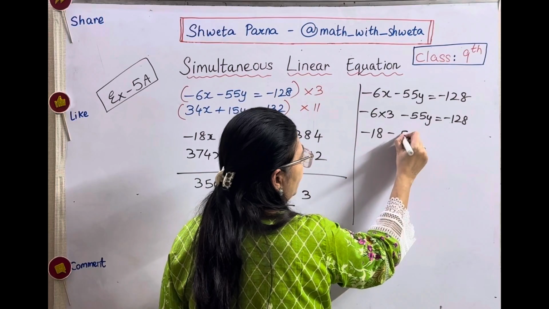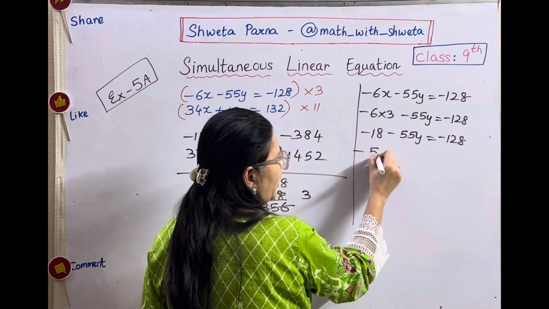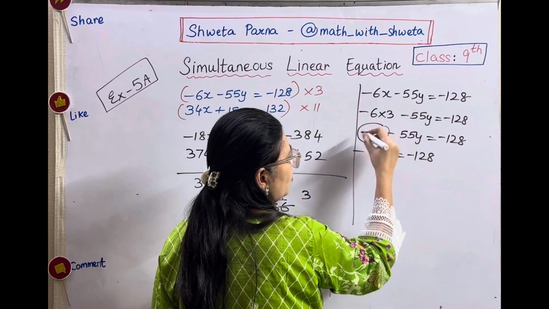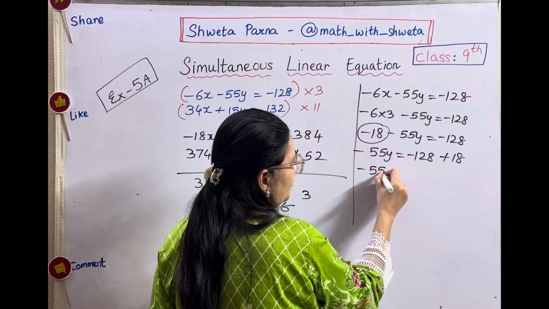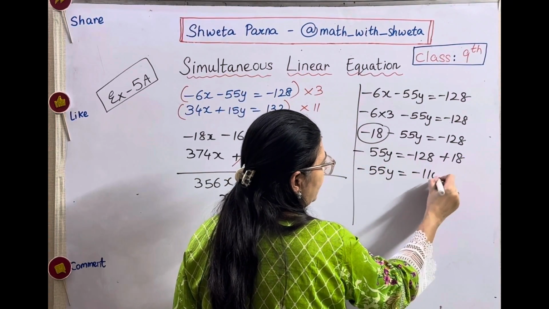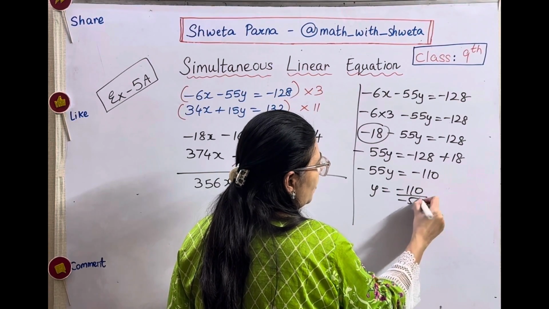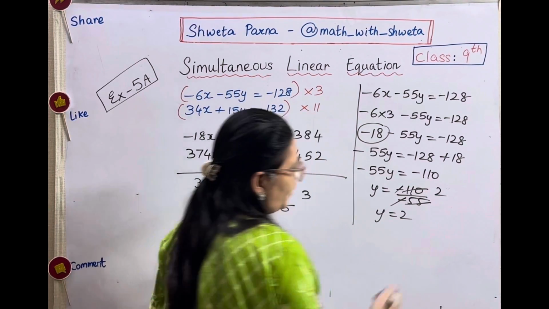Minus 18 minus 55y is equal to minus 128. This goes to the other side, so it will become plus 18. So minus 55y is equal to minus 110. Y is equal to minus 110 upon minus 55. Cut. Answer is 2. So value of y is 2.